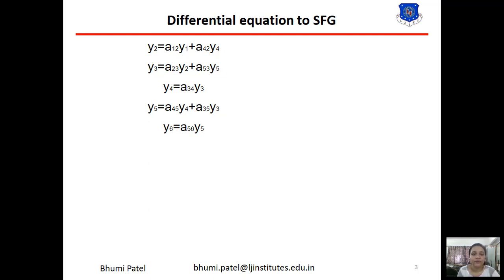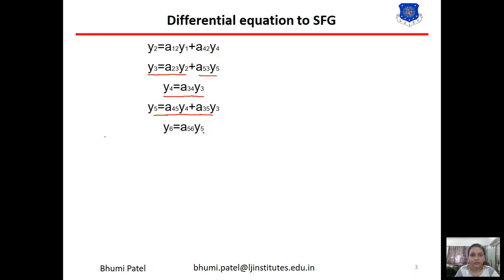Here one set of differential equations is given. The equations are: y2 is equal to a12 y1 plus a42 y4. y3 is equal to a23 y2 plus a53 y5. y4 is equal to a34 y3. y5 is equal to a45 y4 plus a35 y3, and the last equation is y6 is equal to a56 y5.